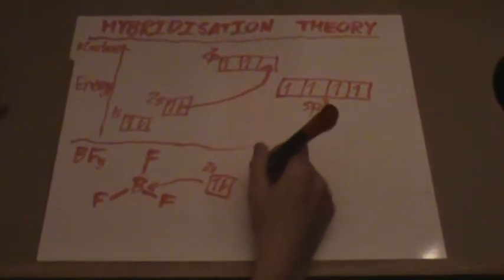So here, if we draw out our second energy level that represents boron, so 2s, and it's filled, and then our 2p, and it's only got one electron in it. And the rest of these are unfilled.